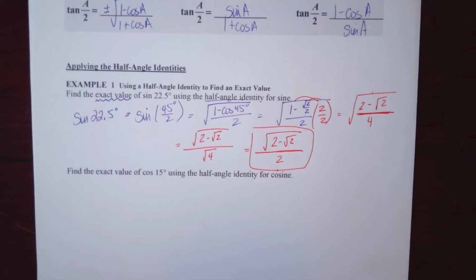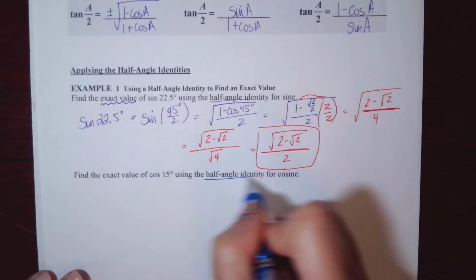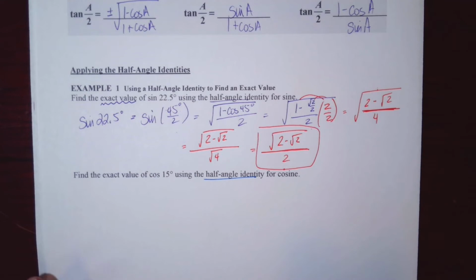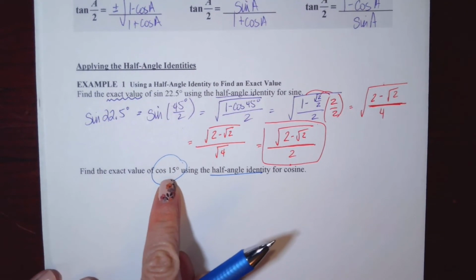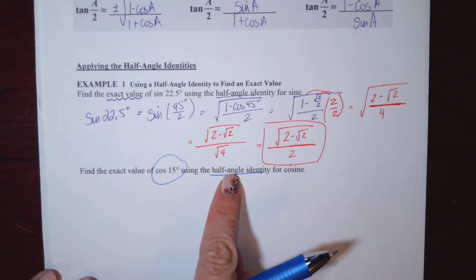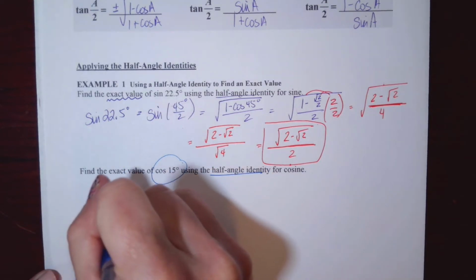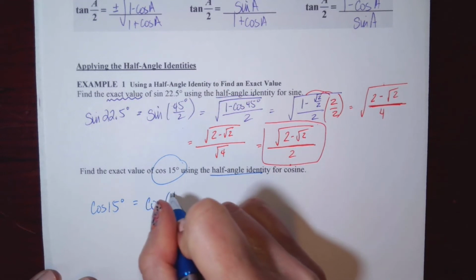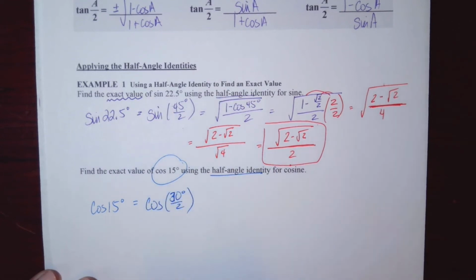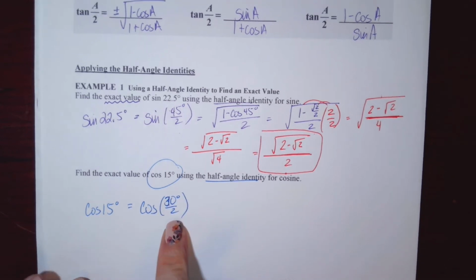Okay, so let's do another example. We're using our half angle identity again. There's my hint that tells me what I'm looking for. I want cosine of 15 degrees. 15 degrees is in quadrant 1. It is not a special angle, but it is half of a special angle. 15 degrees is half of 30 degrees. 15 is the same thing as 30 divided by 2.